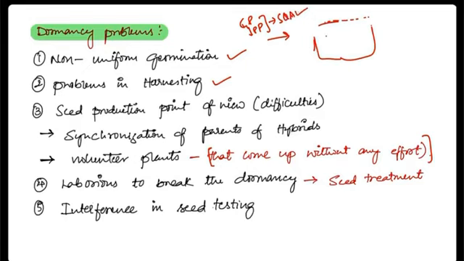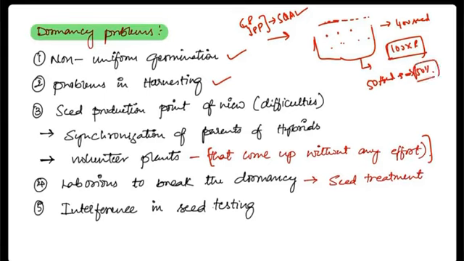I do a germination test of 400 seeds, 100 into 4 replications. If, just because of dormancy, only 50 of the seeds germinate in each of the 4 replications, then on average germination is 50%. But actually this is not true, because the other seeds also have the ability to germinate, but in the meantime, while the germination testing is taking place, they are not germinating. It doesn't mean that these are not quality seeds, right? So dormancy affects the evaluation process in seed testing. These are some major concerns about dormancy.